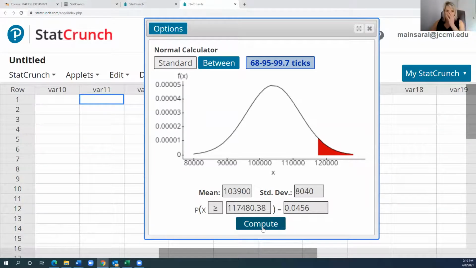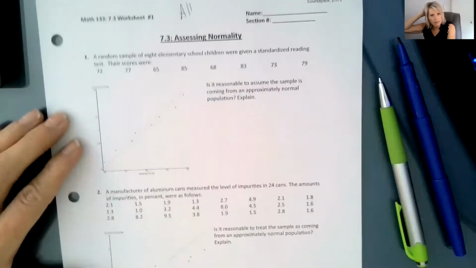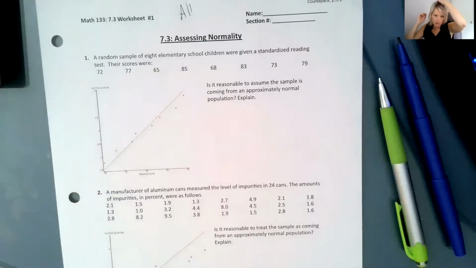7.3 practice is all about assessing normality using a normal curve here. And this is referring to your course pack, assessing normality on page 187.